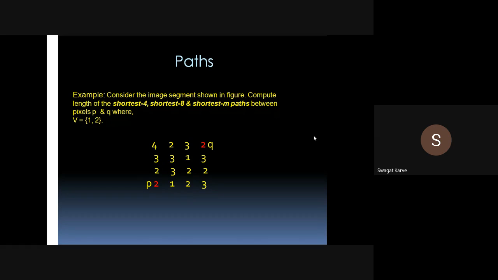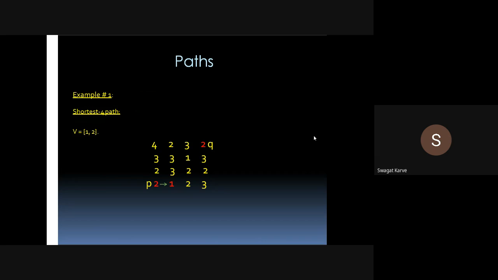Now we have discussed this example also, right? How to calculate the shortest distance between any two pixels. You have a source pixel and a destination pixel, and there you have to find the shortest 4 path, shortest 8 path, and shortest m path between the two pixels. For that you consider the range, that is 1 and 2, the values which the numerical itself will provide, and then you have to analyze it and calculate the distance.